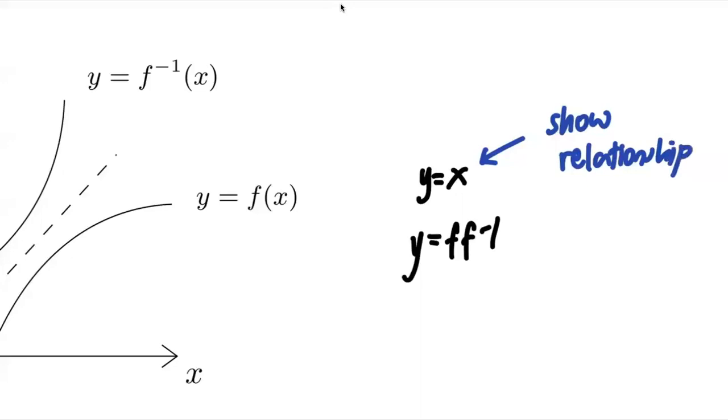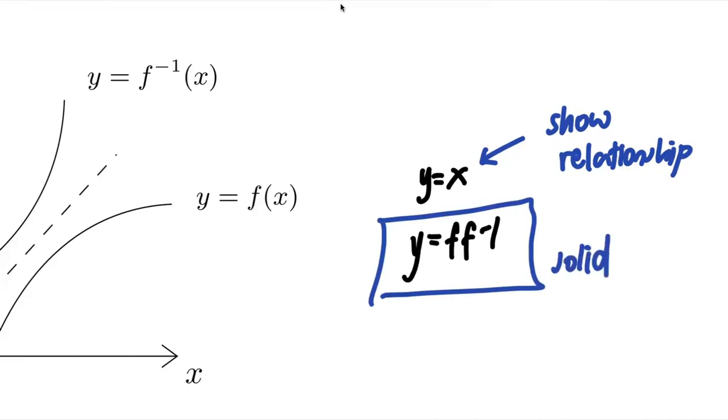There is also a difference between a dotted line and a solid line. Dotted lines are meant to show relationship. Solid lines are for you to express the equations themselves. Understand the difference? We only use solid lines when we are defining your f and f inverse. These are always solid. These are always dotted.